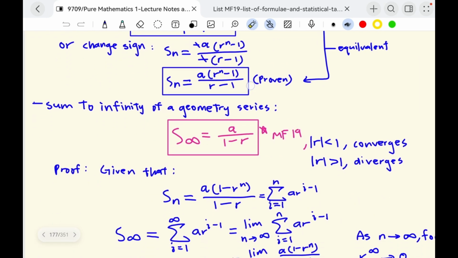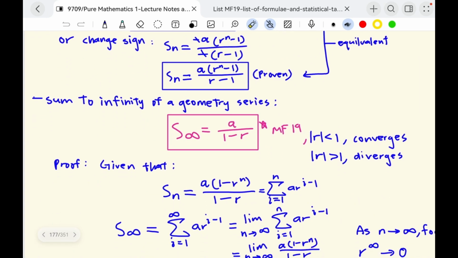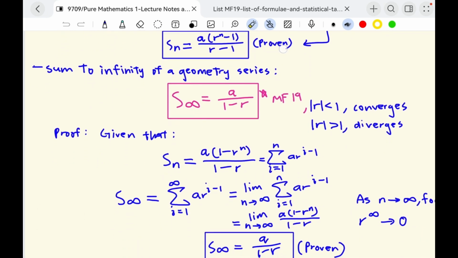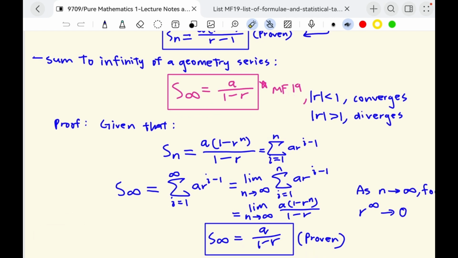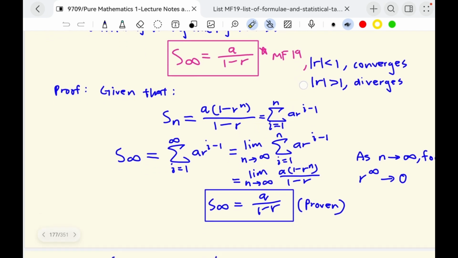For the sum to infinity of the geometric series, it involves limits. So here's the proof. Given that Sn is equal to the formula that we have proven above, which is also called the summation of a times r^(i-1), where i starts from 1, to get the addition of a as the first term.